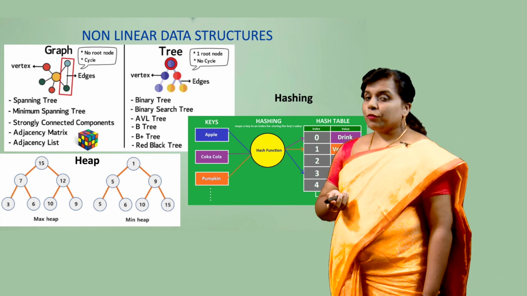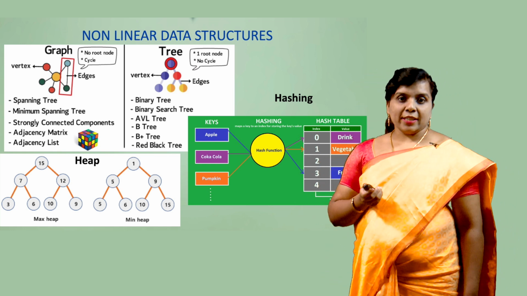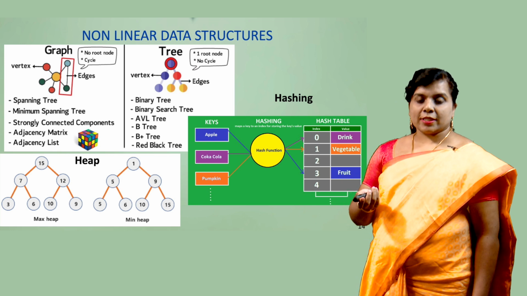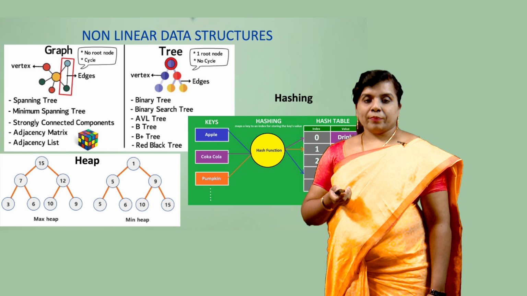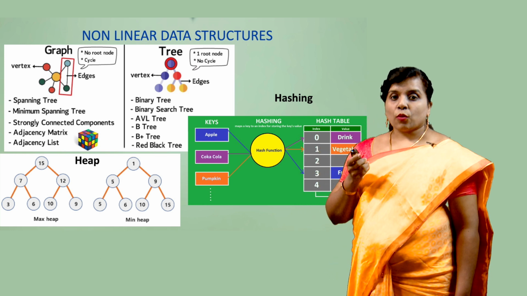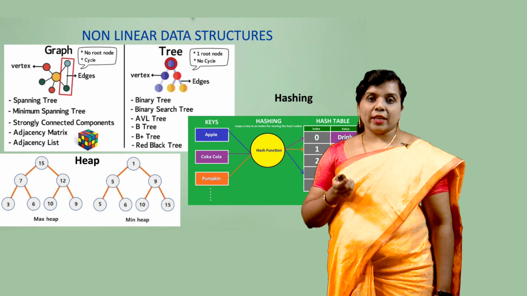Another example of nonlinear data structures is trees. A tree is actually a collection of vertices and edges, and in a tree its origin lies at the root. So, we will designate one of the vertices or nodes to be a root node.